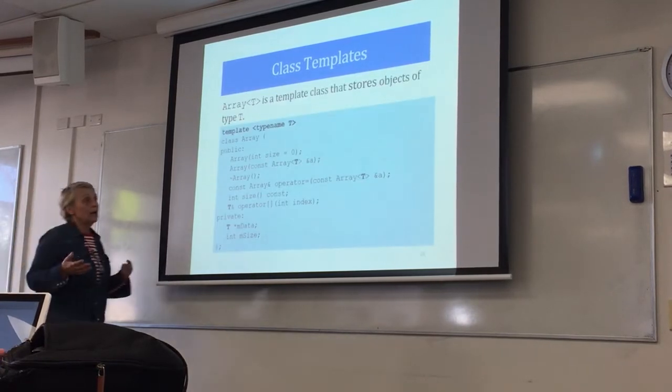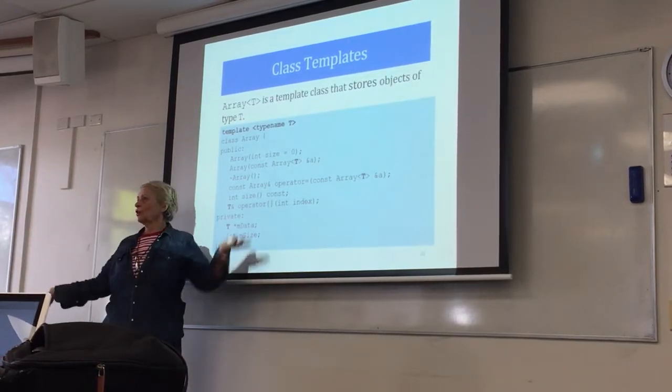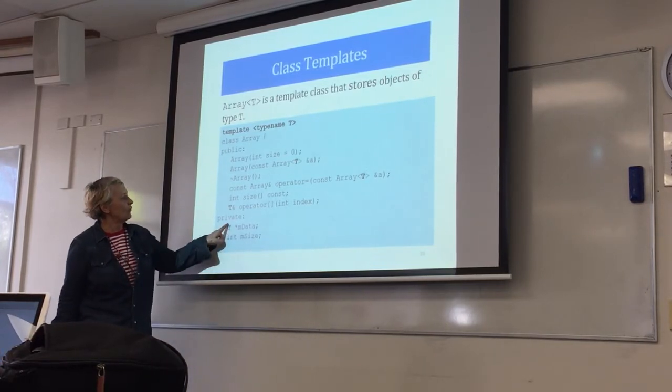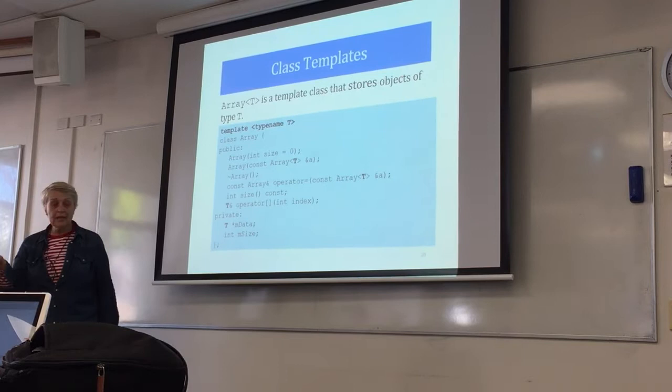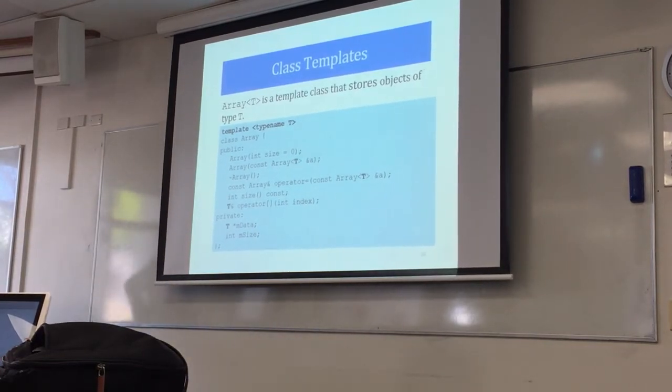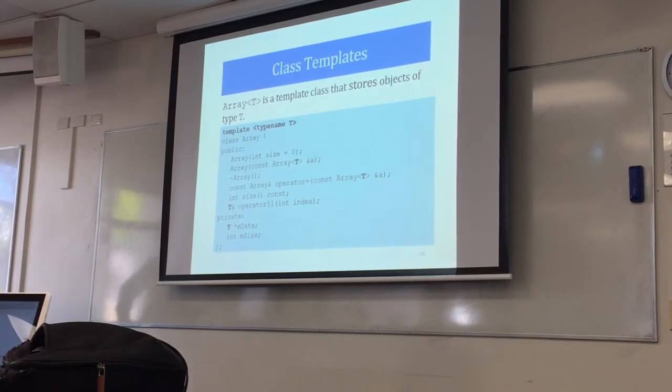If you want an array of floats, you have to write the same code with floats everywhere instead of int. If you want an array of strings, you might need to rewrite the code with string, but a lot of code is copied and it's a waste of programmers' time.